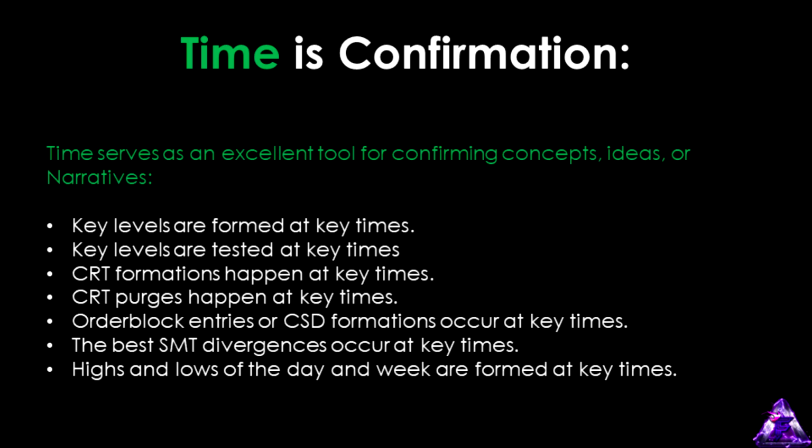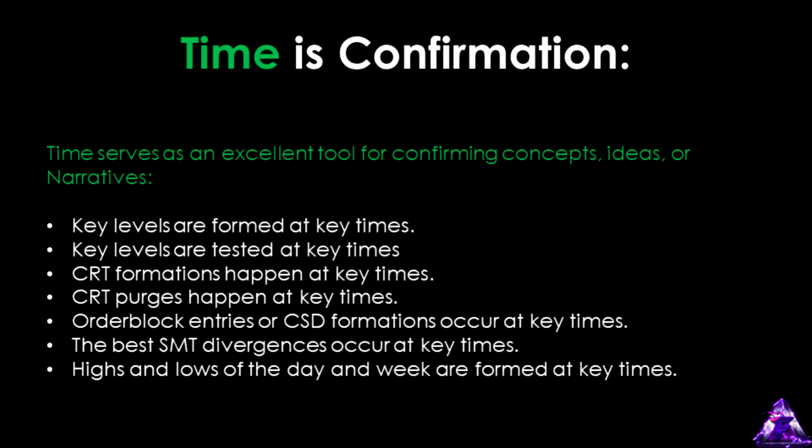The most important point is that the change in state of delivery, or the CSD, or order block entries are also formed at key times. CSD, which happens when the price engulfs the candle that purged the CRT or that purged the range, is crucial.